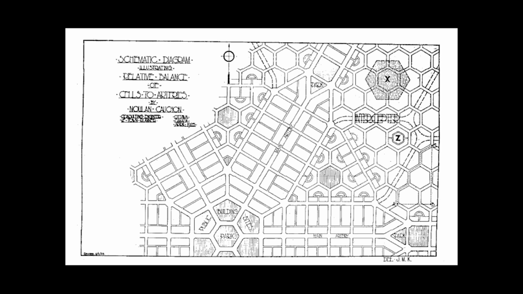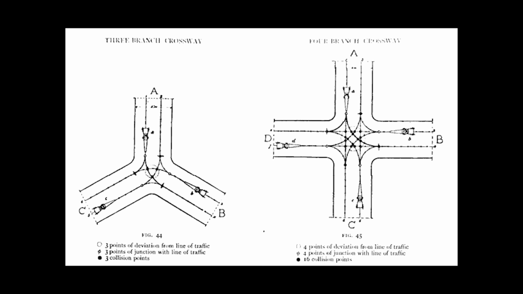But the idea with this is Cauchon created these hexagonal grids pointing north, so no building is entirely north facing, and so this would maximize sunlight for public health. This grid would handle low speed and local traffic with three-way junctions, so direct collision points would be minimized. If you think about it, if you get T-boned, right, it makes sense because the only way that shape is possible is because you're approaching at a 90-degree angle. Just something to think about.